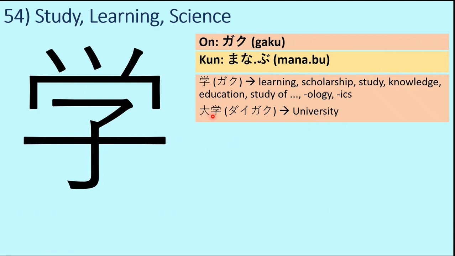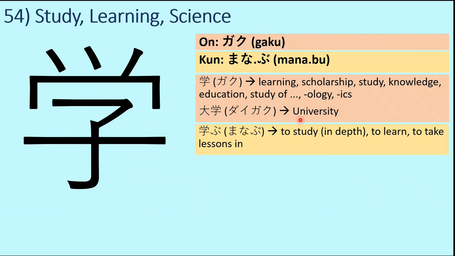This is daigaku. Daigaku means university. Dai means big. Gaku means learning or place of learning. So daigaku means university. In kun'yomi, it is manabu, and manabu means to study in depth, to learn, to take lessons in.